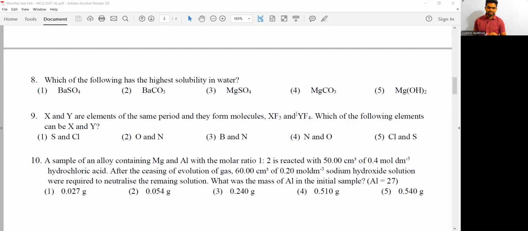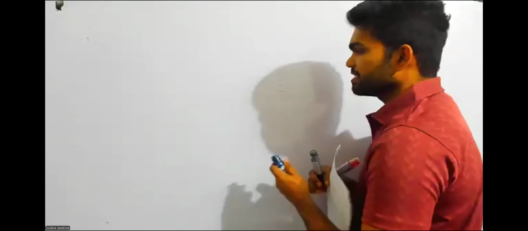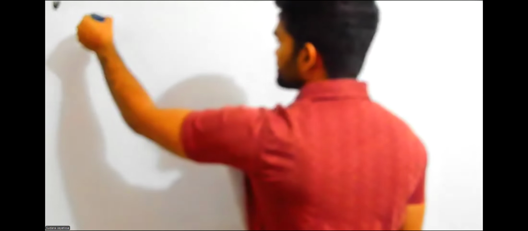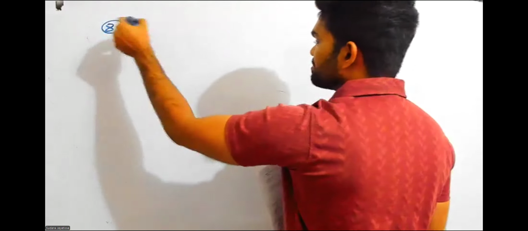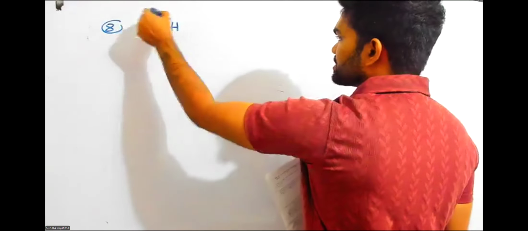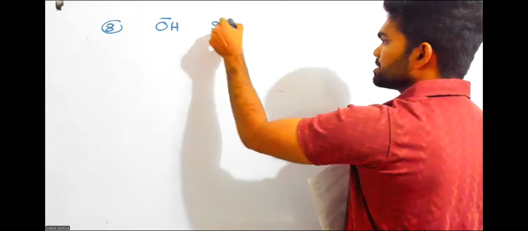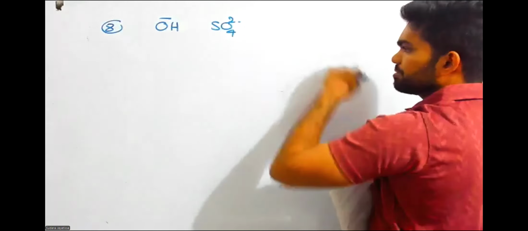So what is the theory for this one? In the solubility rules, remember the 8th rule. It was a table. Hydroxide precipitates and sulfate precipitates, and there were 2 other precipitates.